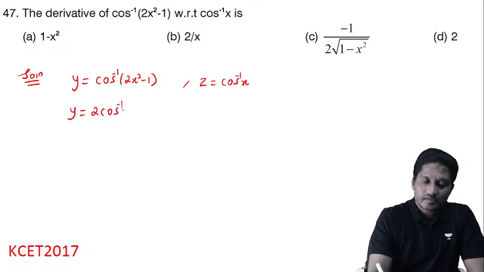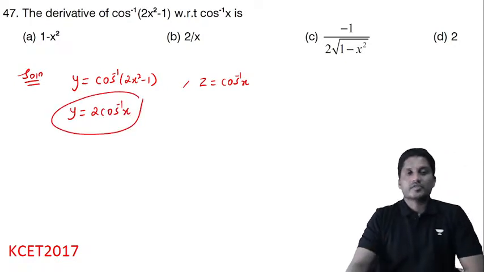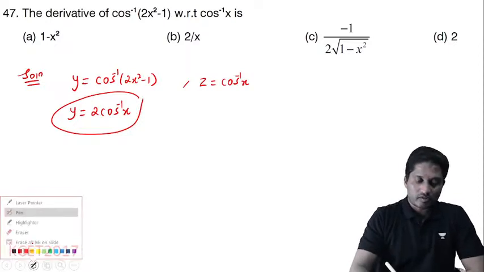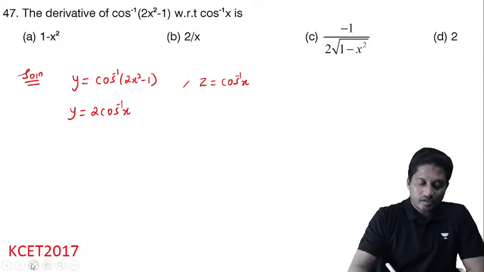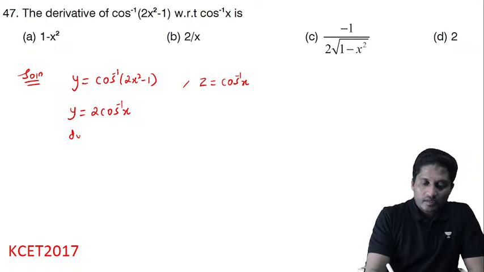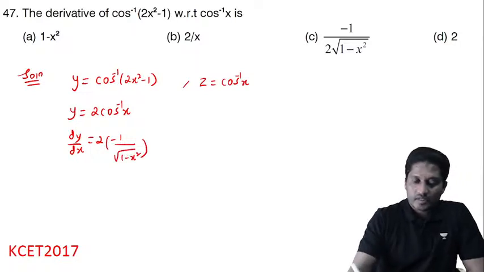Now if I differentiate, dy by dx is equal to 2 times the differentiation of cos inverse of x, which is minus 1 by root of 1 minus x square. So dz by dx is equal to minus 1 by root of 1 minus x square.